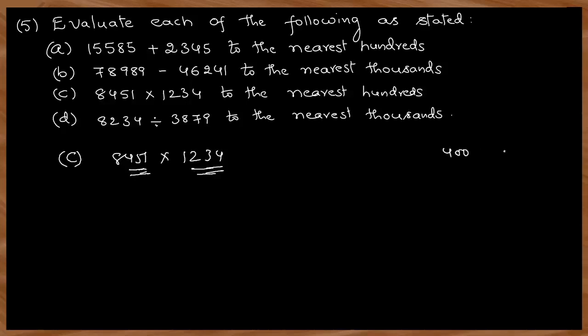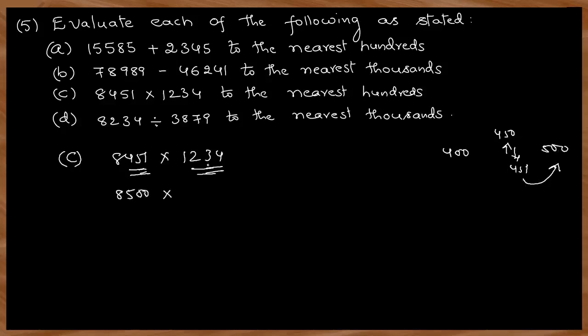So from 400 to 500, the middle number is 450. Here it is 451, which is in between these two. So the nearest 100 to this one is 500, because from 451 to 499 you have to round up to the 500.